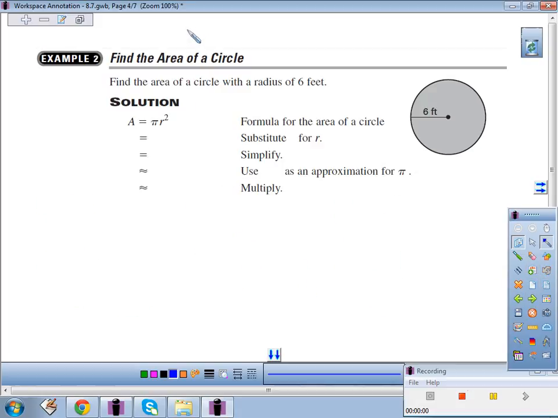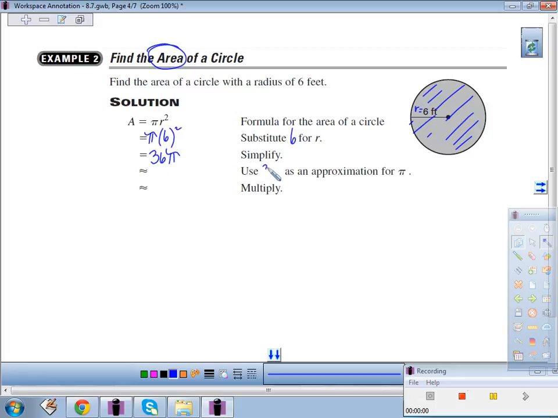Alright, next. Switching gears to area of a circle. So this time we want to know, what is the space that the circle takes up if the radius is 6 feet. So we'll just substitute that in for r, 6 squared. So pi times radius squared. We get 36 when we square 6.